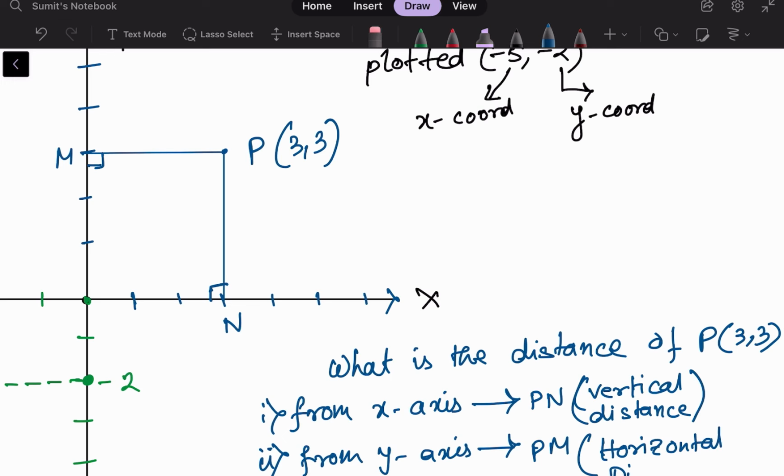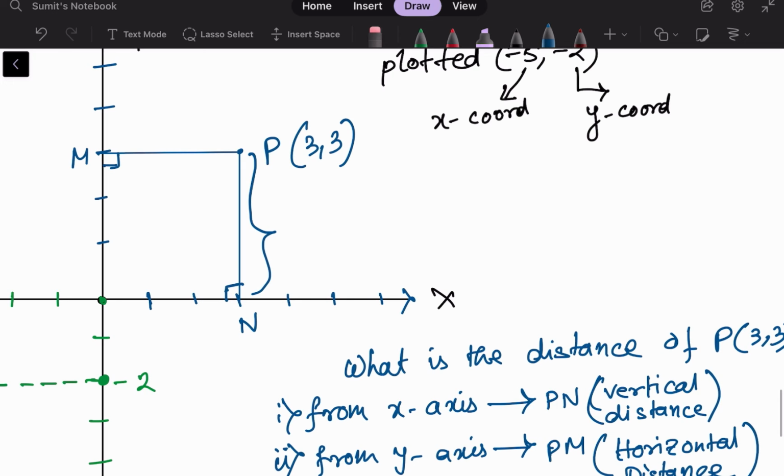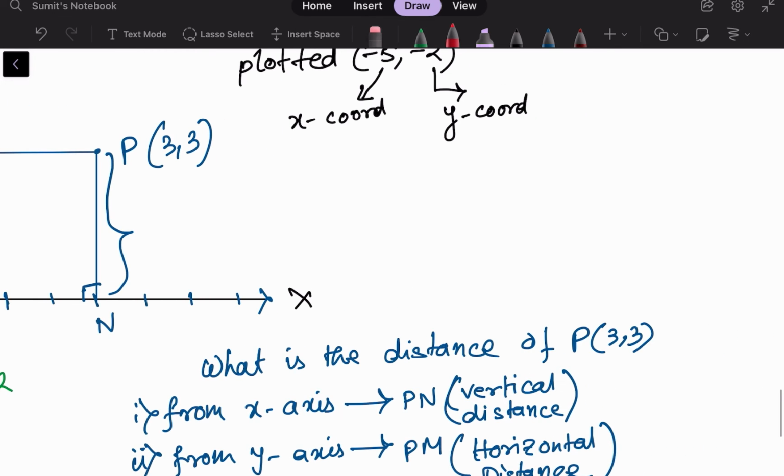So what are PN and PM? To find PN, we observe this distance. It is 3 units, because the point has moved 3 parts on the y-axis, one, two, three. So the vertical distance is 3 units.